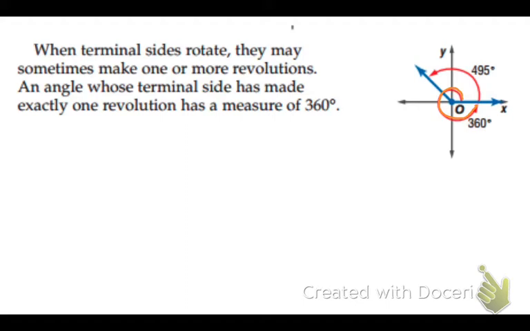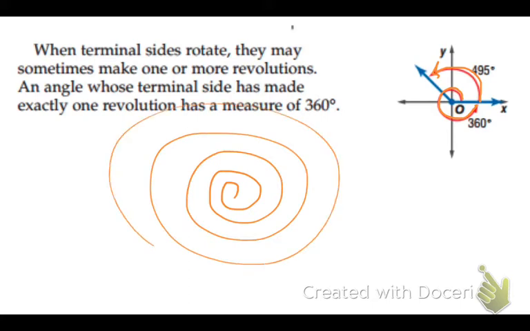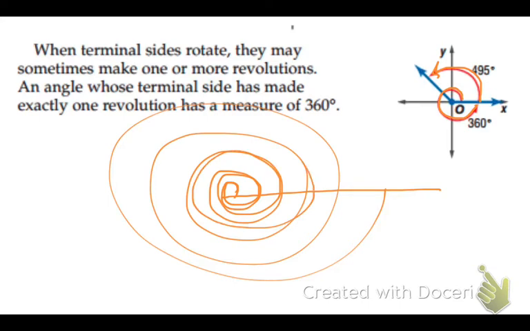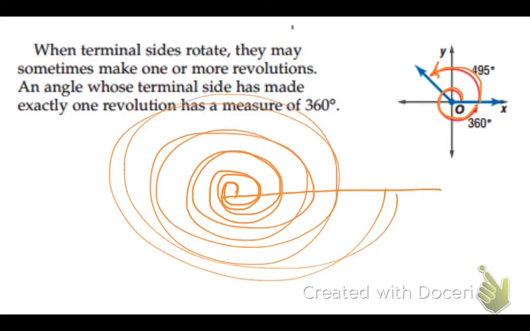But I can go greater than 360 degrees. In fact, I can keep going and going like the Energizer Bunny. Every time it goes around once, that is one revolution, 2 revolutions, 3, 4, 5.